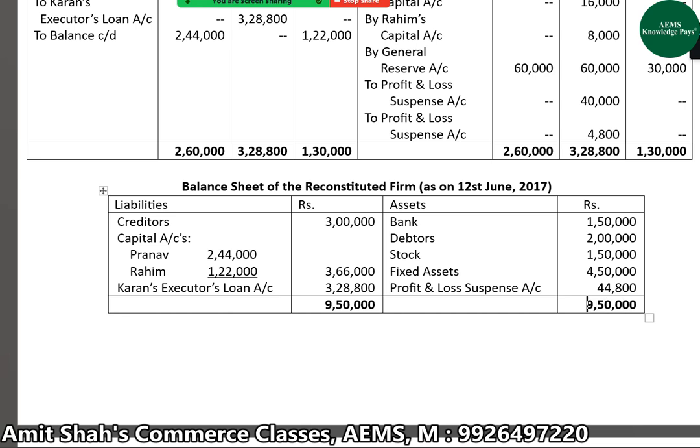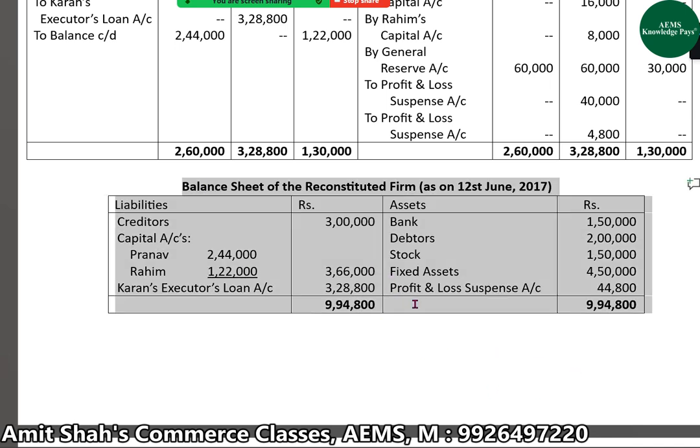So it will increase by 44,800. So it would be 9,94,800. And here also it is 3 plus 3 plus 3 is 9 lakhs, 9 lakhs 94,800. Make this fast, guys.